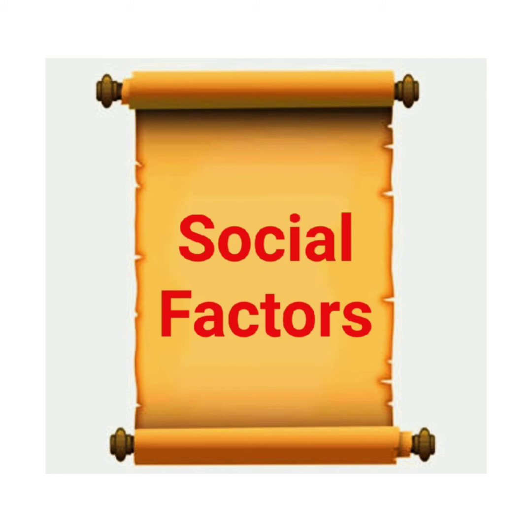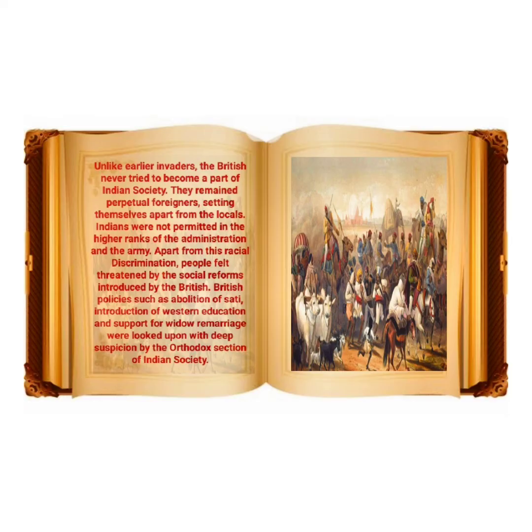Coming to the social factor. Unlike earlier invaders, the British never tried to become a part of Indian society. They remained perpetual foreigners, setting themselves apart from the local people. Indians were not permitted in the higher ranks of the administration and the army.